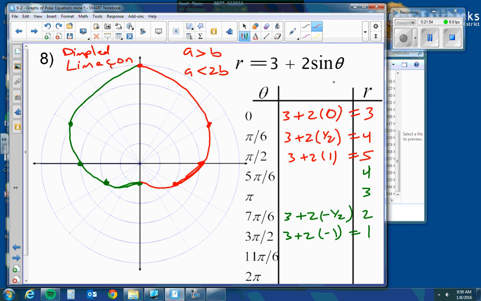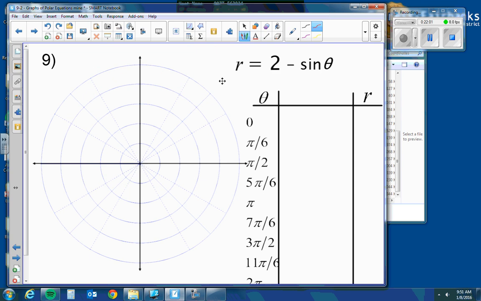So if that's 2, if this had been 4 or more, then it'd be the other kind of limaçon without a loop, which is what we're dealing with here. Here, since A is twice B or more, you have a convex limaçon. And once again, it does not have a loop, but it won't dimple in either.